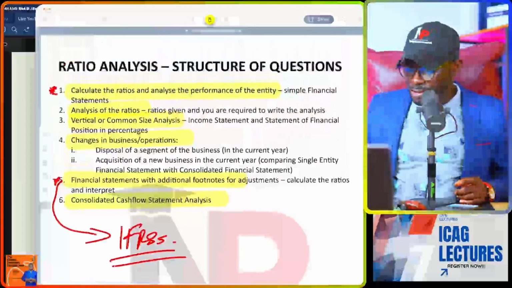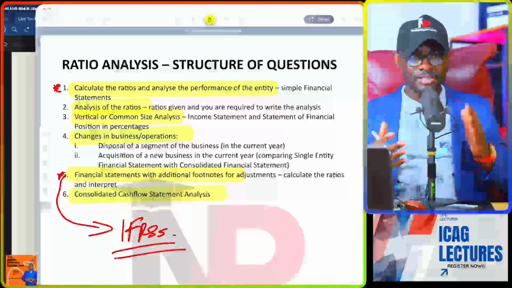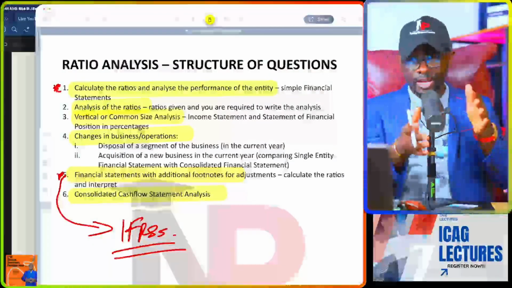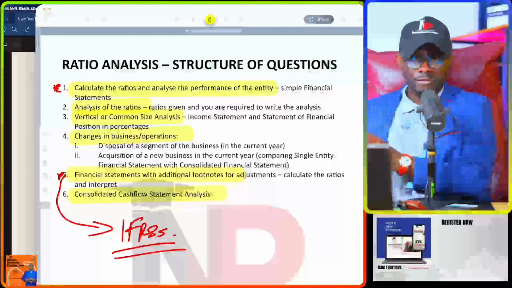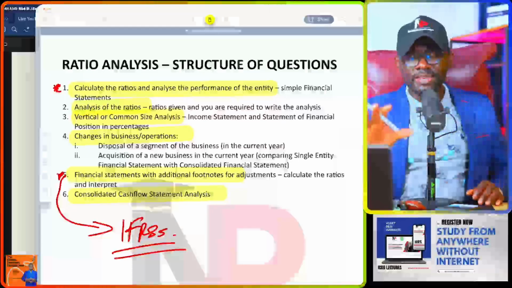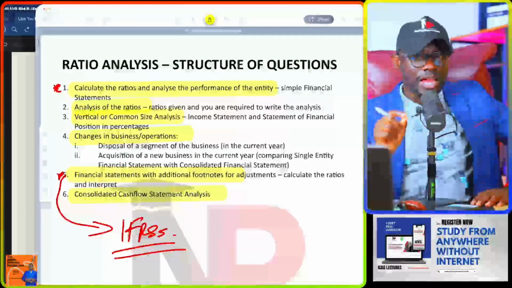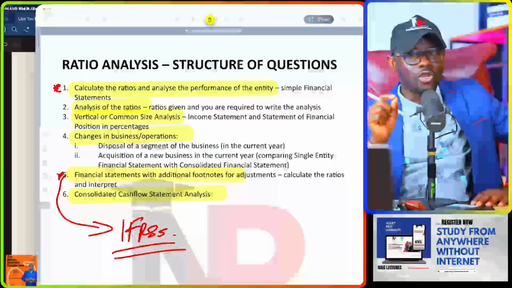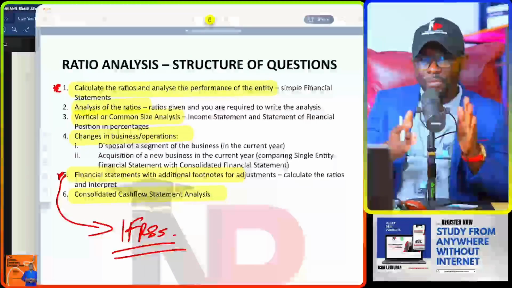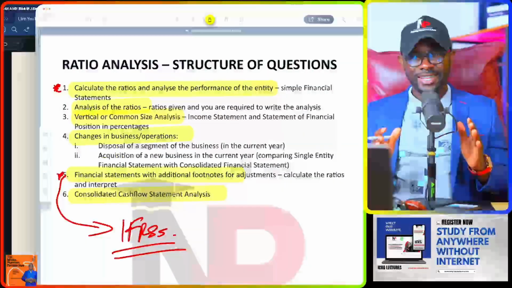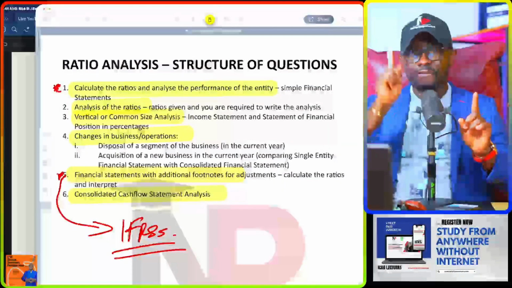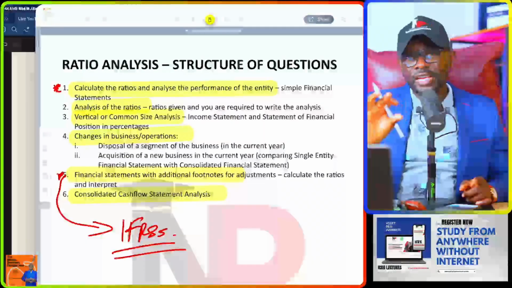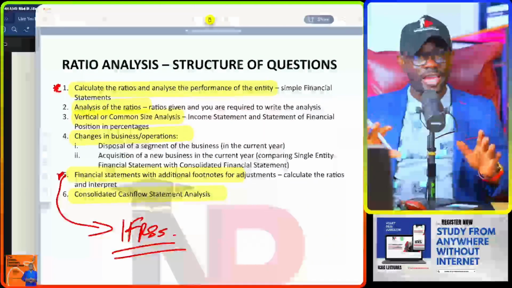So when it comes to the ratio analysis, question 4 for financial reporting students, question 5 for corporate reporting students, these are the alternative styling of questions that the examiner is going to be presenting. So before you walk into the exam hall, you need to expose yourself to questions covering each of these styling, each of these areas.